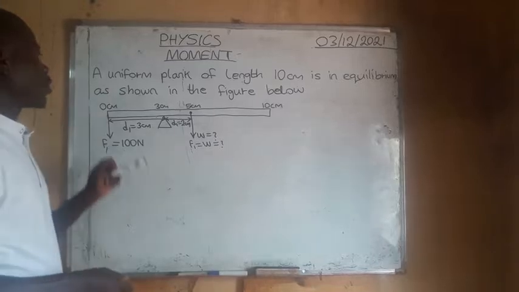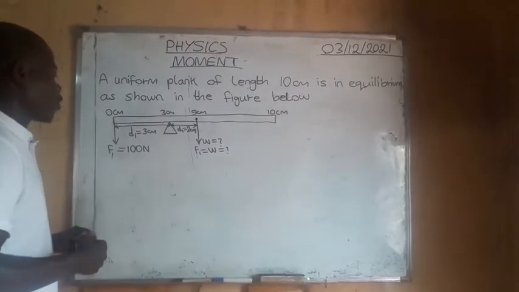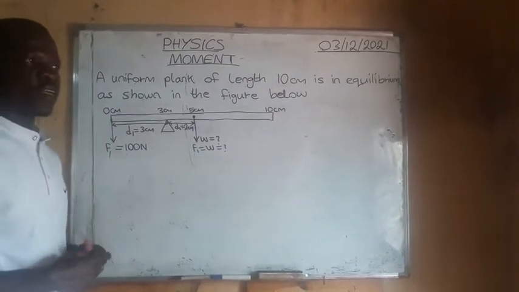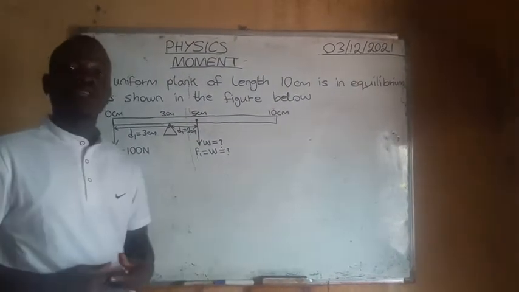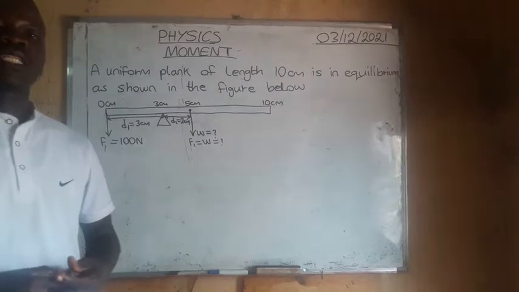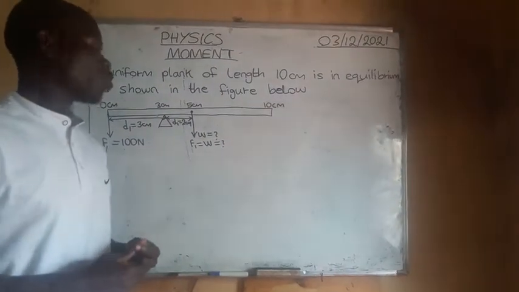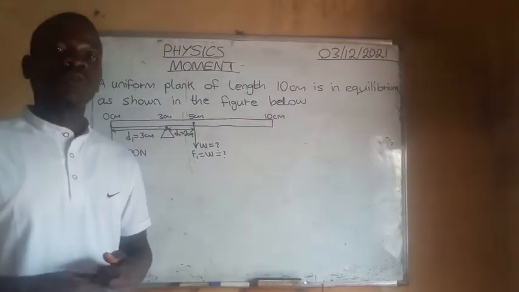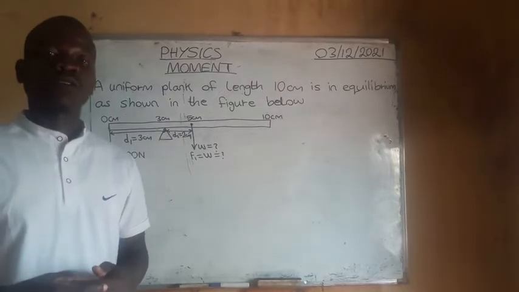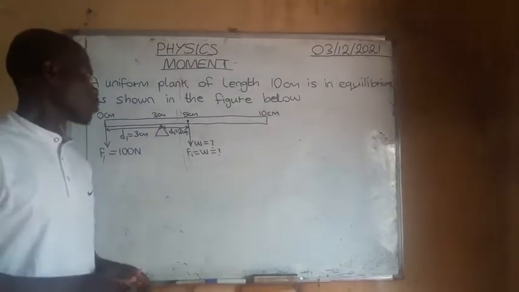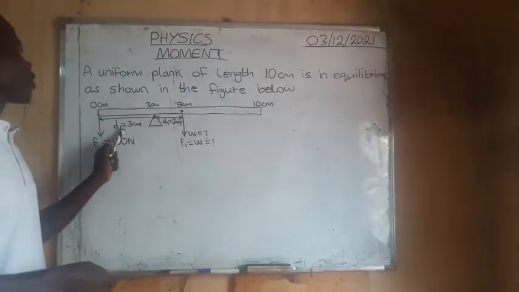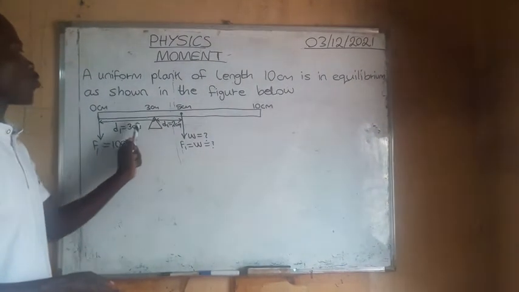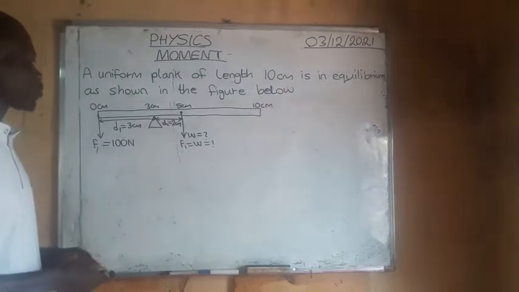Upon labeling the diagram with all the information that is required, we have to apply the principle of moment. This principle states that the summation of the clockwise moment should be equal to the summation of the counterclockwise moment. In other words, if we find the moment on this side, it should be equal to the moment on that side.